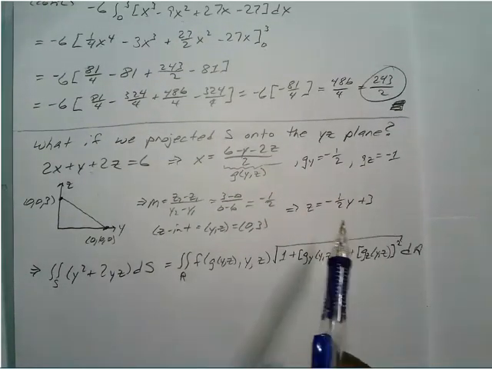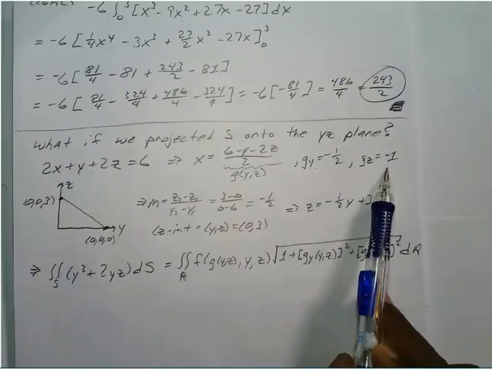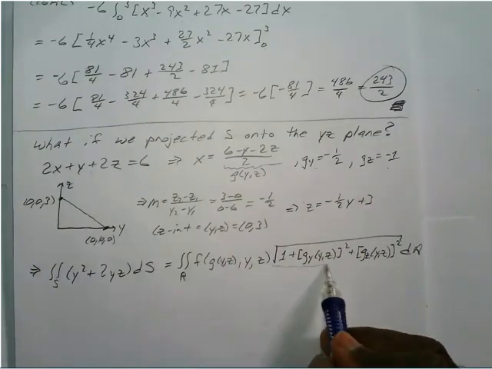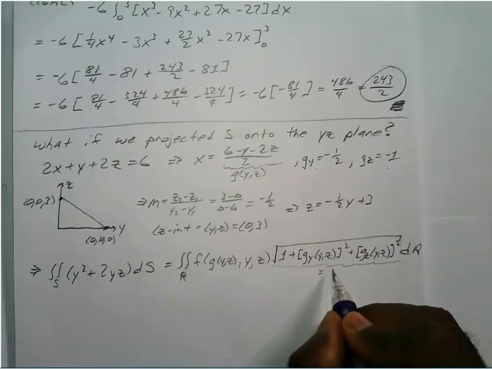Once we plug in our partial with respect to y and partial with respect to z, this once again just equals 3 over 2.